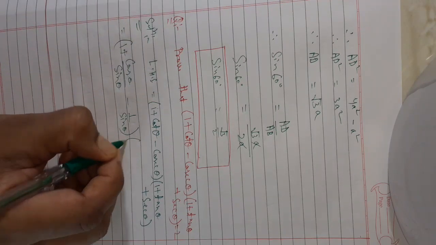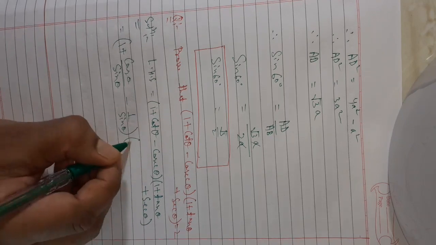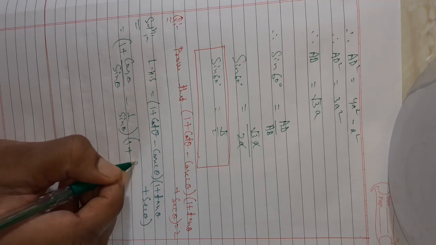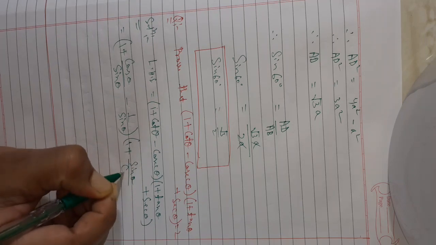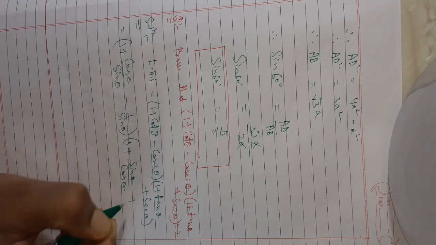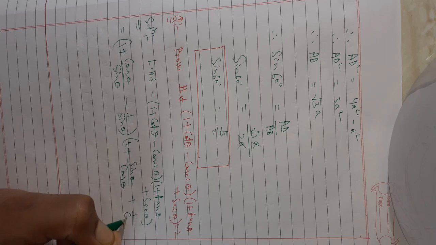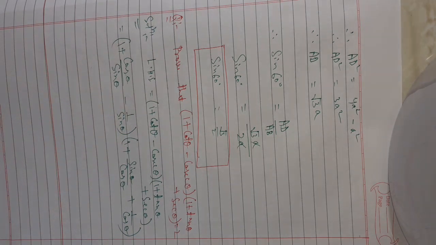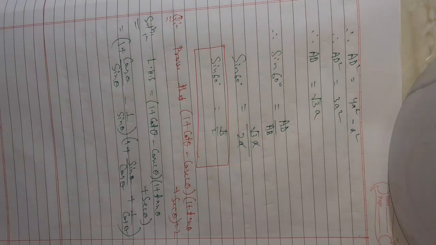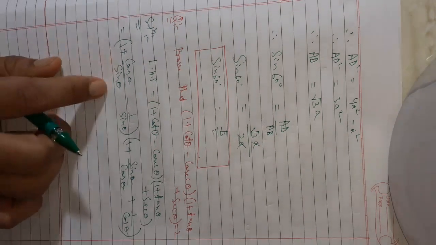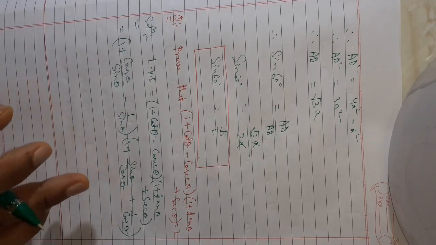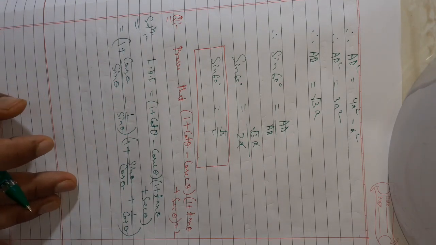In the other bracket, 1 plus, in place of tan theta you write sin theta upon cos theta, plus sec theta, which is 1 upon cos theta. Clear? So we converted everything in terms of sin theta and cos theta.